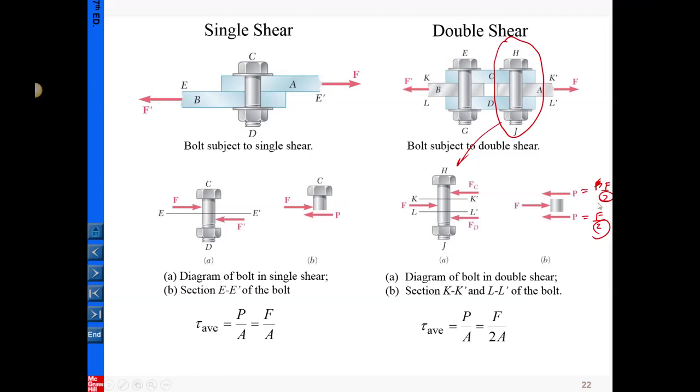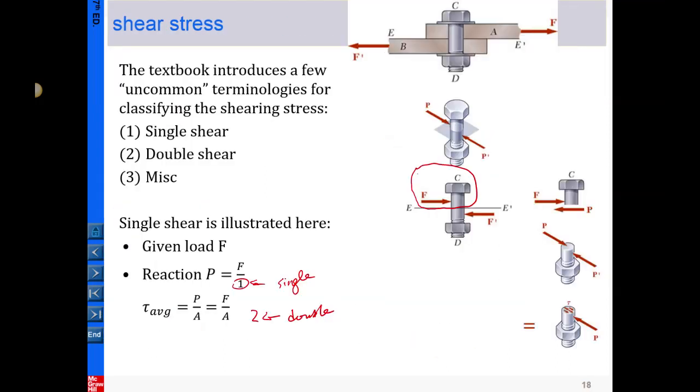As long as you know how to correctly determine the stress through appropriate free body diagrams and then calculation, that will be good enough. Again, these uncommon definitions only appear in chapter 1. Okay, so now we continue.